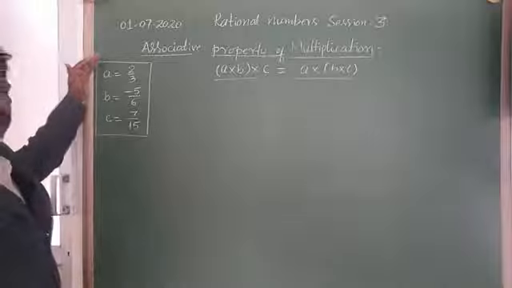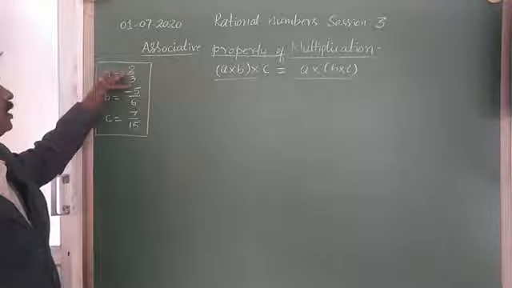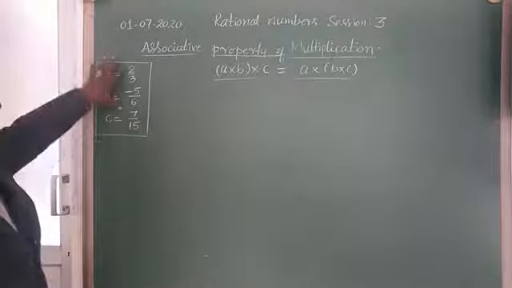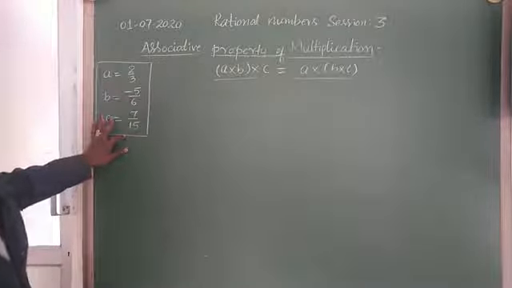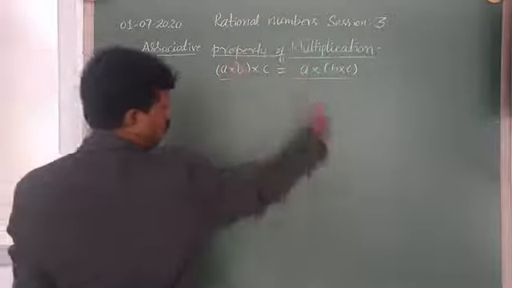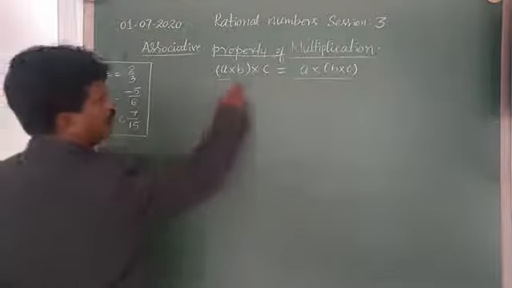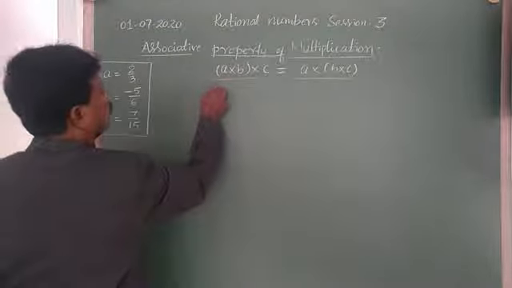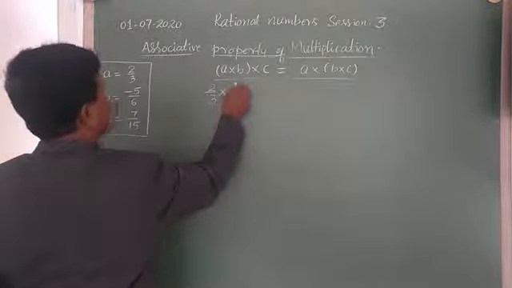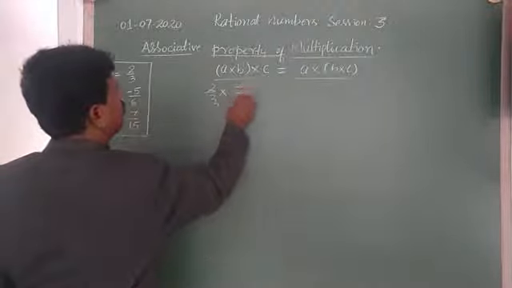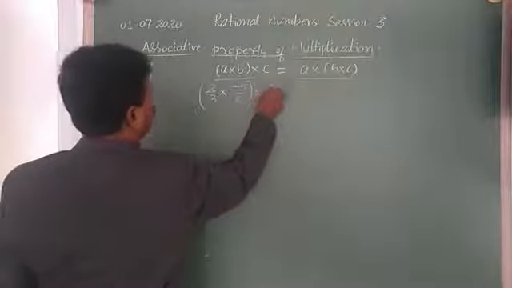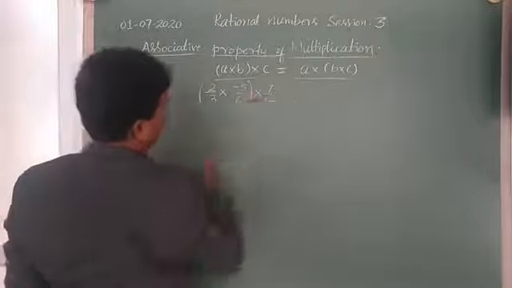Now look at this. Let us take A equals 2 by 3, B equals minus 5 by 6, and C equals 7 by 15. Now I have taken these three rational numbers. Now I am substituting, with A and B under the same group. 2 by 3 into B, that means minus 5 by 6, this product is multiplied by 7 by 15.